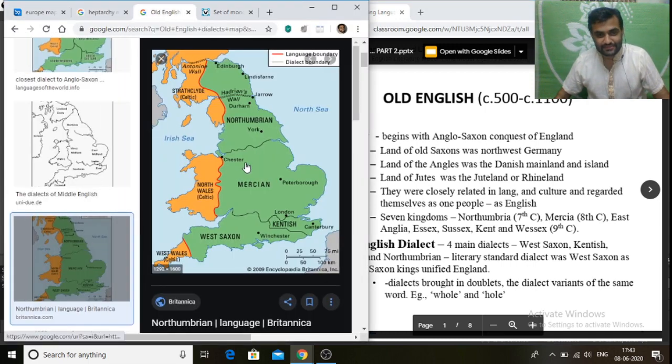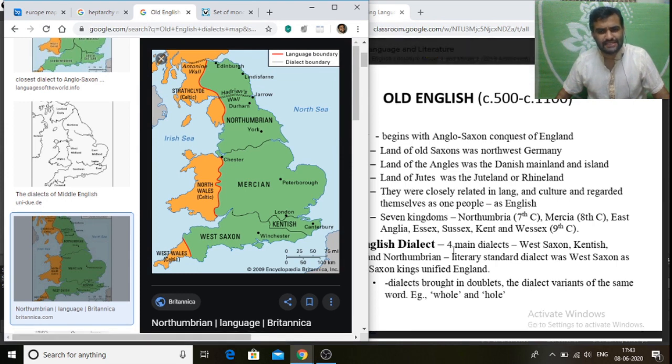Again, let's look at this map showing the major dialects of the Old English period. The four major dialects are Northumbrian, spoken in Northumbria, Mercian, spoken in the Mercian kingdom, and the third one is West Saxon.